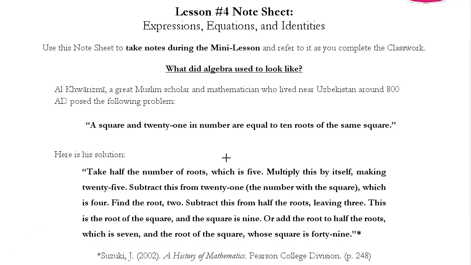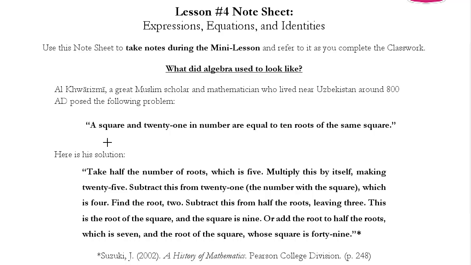So for example, what did algebra used to look like? There's a great Muslim scholar and mathematician who lived around 800 AD, and this is the way that a solve for x question used to be posed. A square and 21 in number are equal to 10 roots of the same square. And what does that mean? Well, today, what would we write?